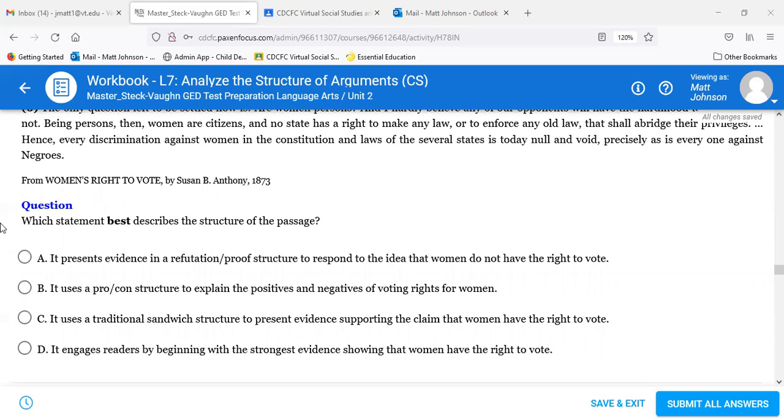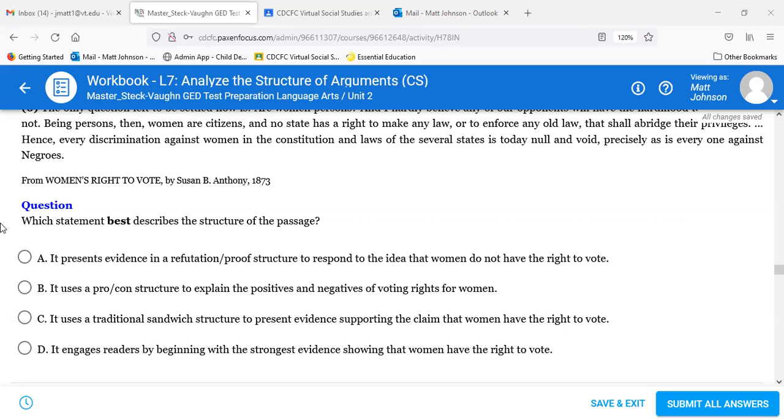Yes, number 7. Which statement best describes the structure of the passage? A. It presents evidence in the refutation proof structure to respond to the idea that women do not have the right to vote. B. It uses a pro-con structure to explain the positive and negative of voting rights for women.